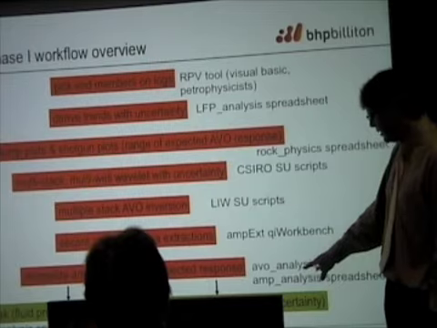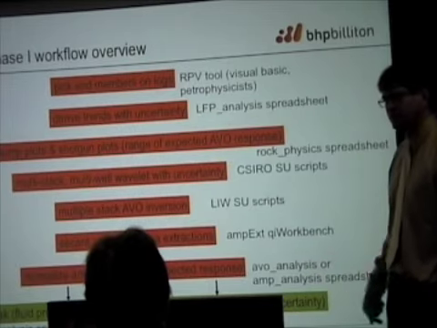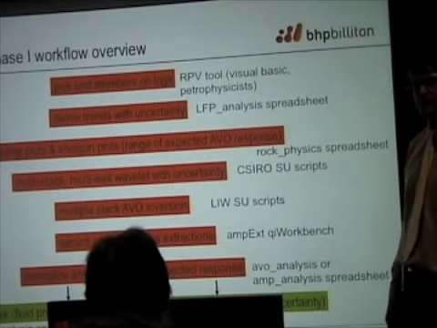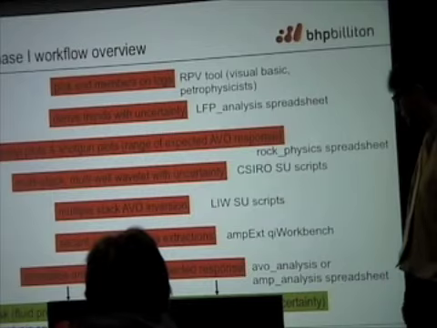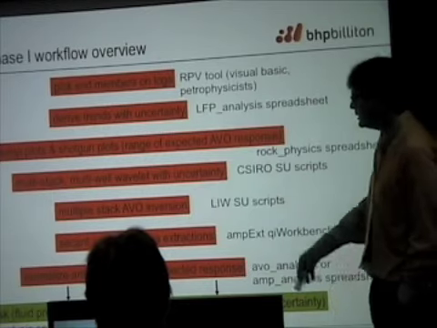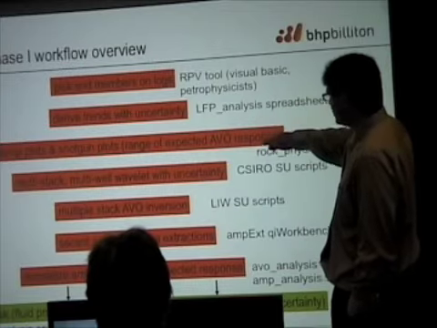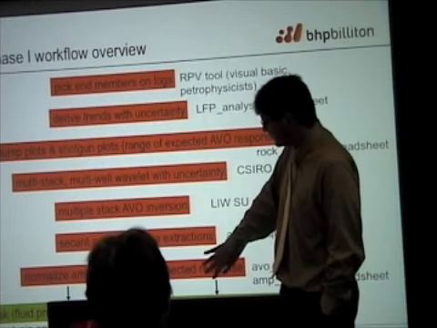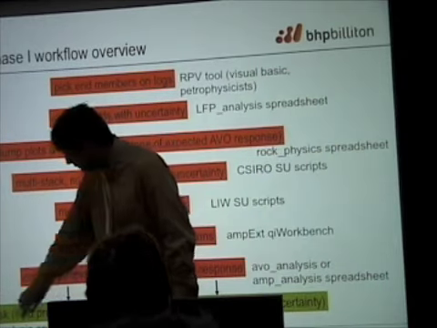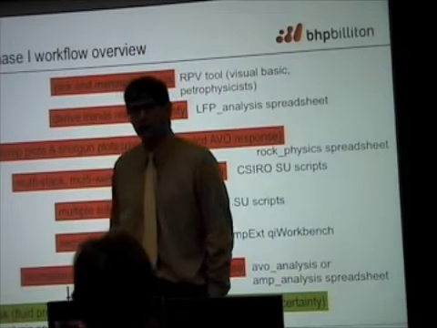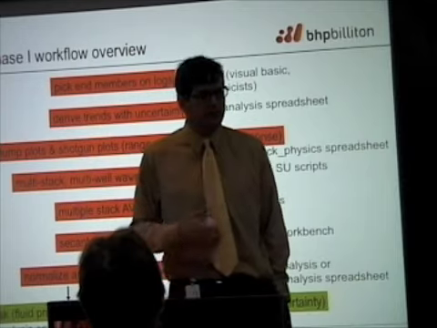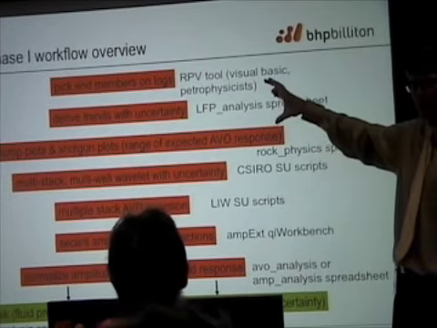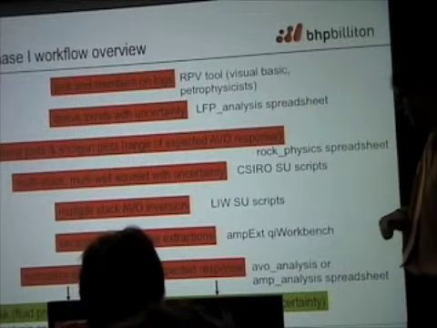We have a version for AVO analysis and a stripped down version if you only have amplitudes, because there's no reason to have the more complicated stuff if you're not doing the AVO. And then given what the prediction is, and given what the observation is, those two are combined together in the risk analysis spreadsheet in order to come up with these integrated probabilities, or those wheels of fortune, that's sort of what we call them, that you saw at the beginning.